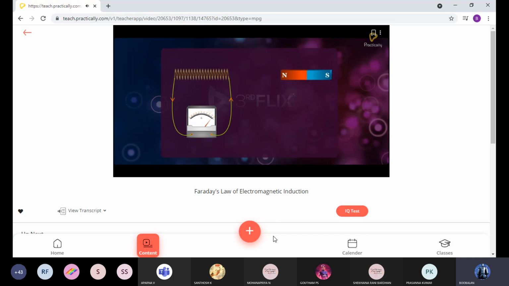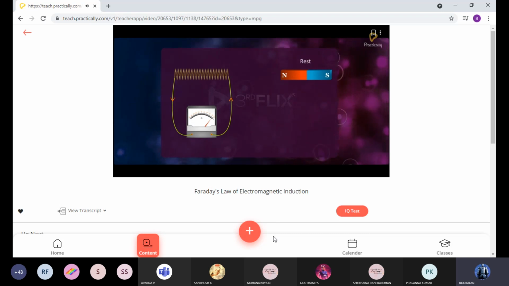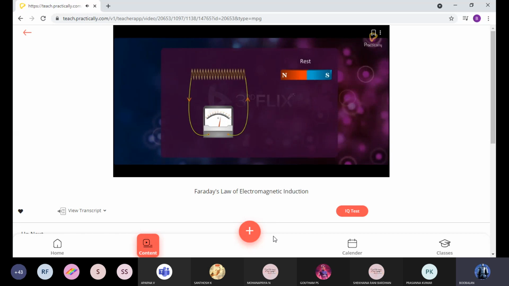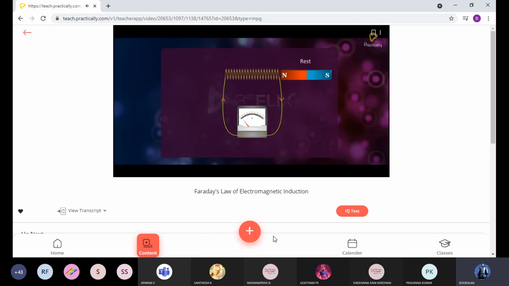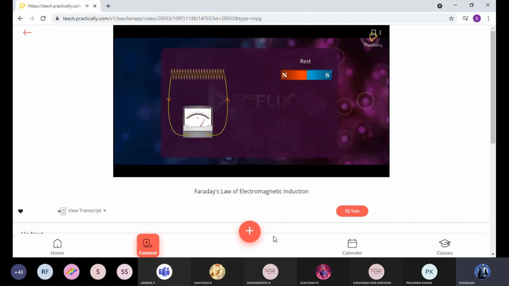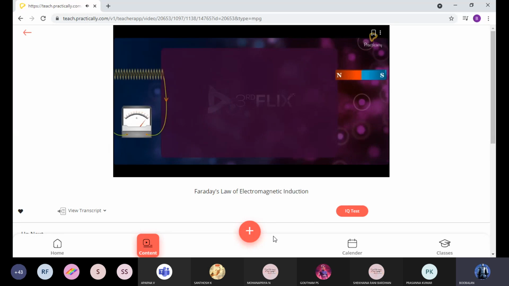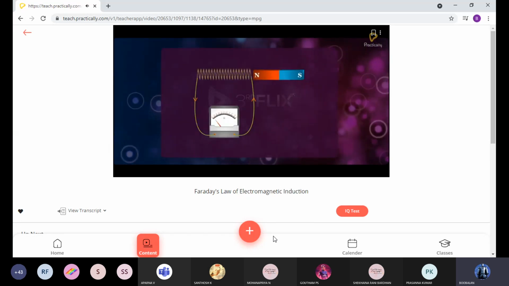Same results may be obtained if the experiment is done keeping the magnet at rest and moving the solenoid towards the magnet. Now stationary bar magnet, moving coil. Even in this case, an induced EMF, or current, is produced in the coil.